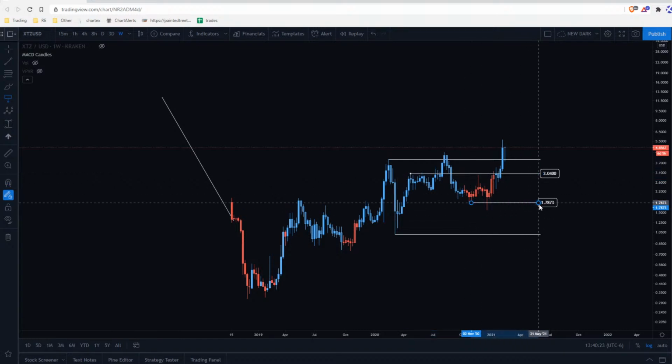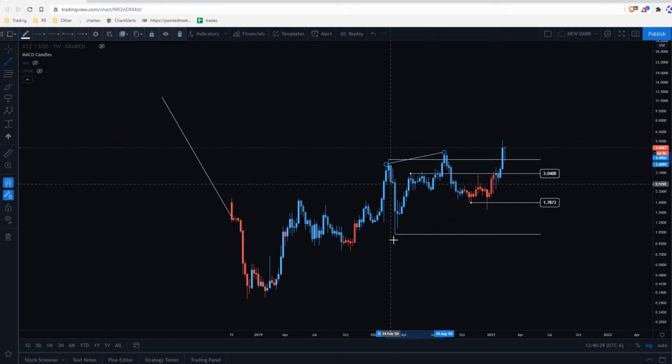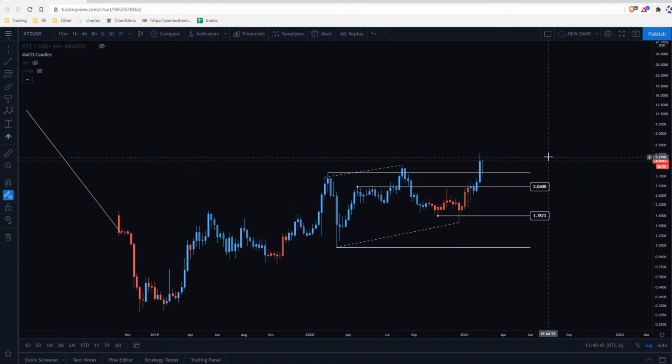We've pretty much got an accumulation range like this. This is a gorgeous flat, and it's already breaking up. I don't think we're even close to targets here yet. I think XTZ has some massive potential.